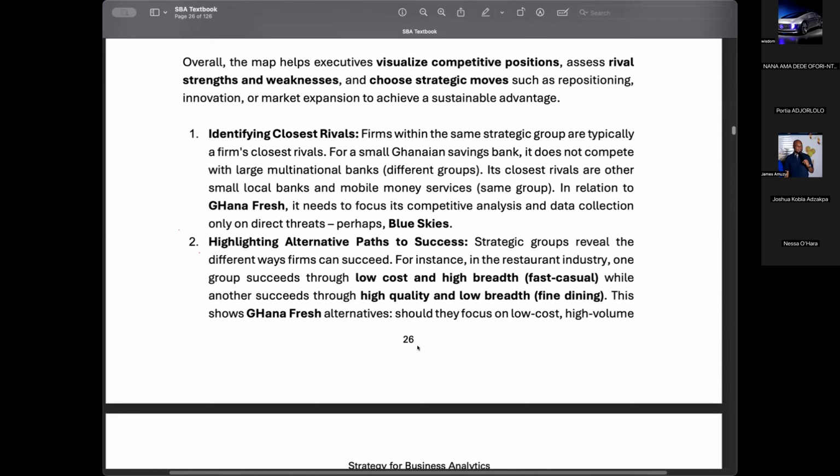No, okay. When you mentioned that you should be careful in choosing who your competitors are, it could be that in market share or revenue generation you are nowhere close. Here we are saying a small savings bank does not compete with a large multinational, because they offer services that you don't. Your competitor is the local small banks and the mobile money service, which you don't even see.